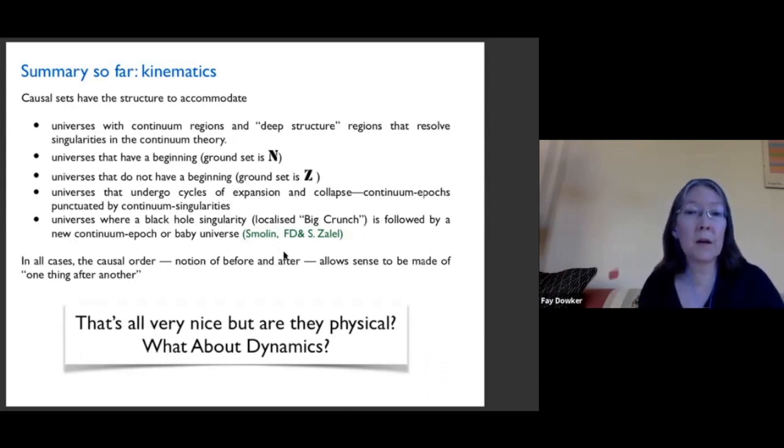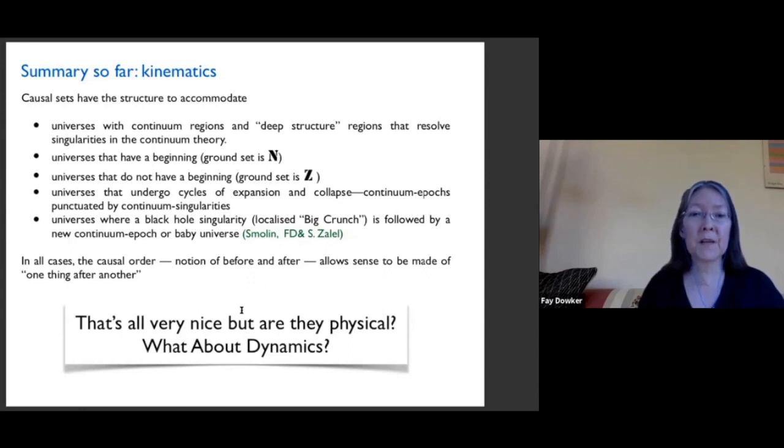And I can't resist mentioning universes where a black hole singularity, which you can think of as a localized big crunch, is followed by a new continuum epoch or baby universe, in a sort of realization of the idea of cosmic natural selection, Lee Smolin's idea of cosmic natural selection.